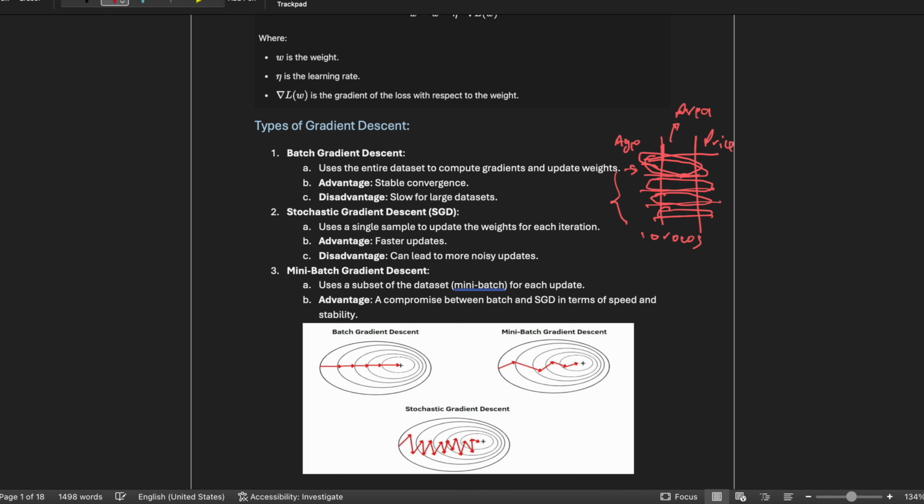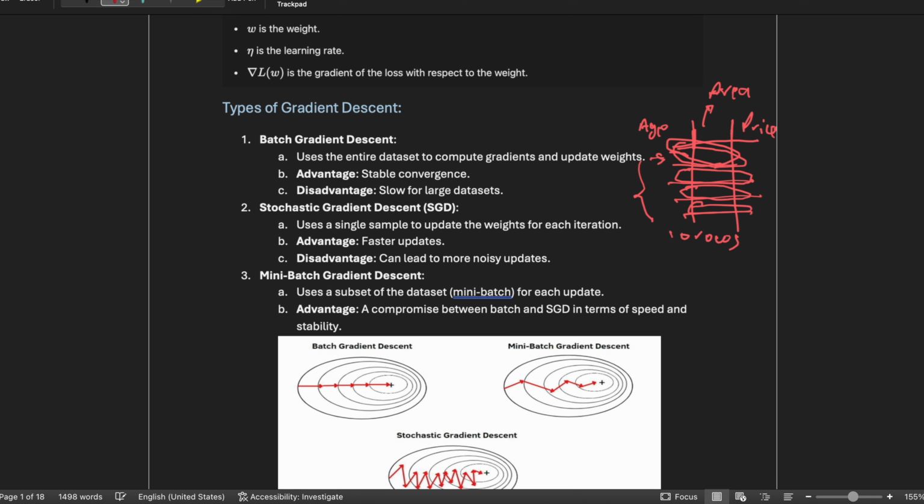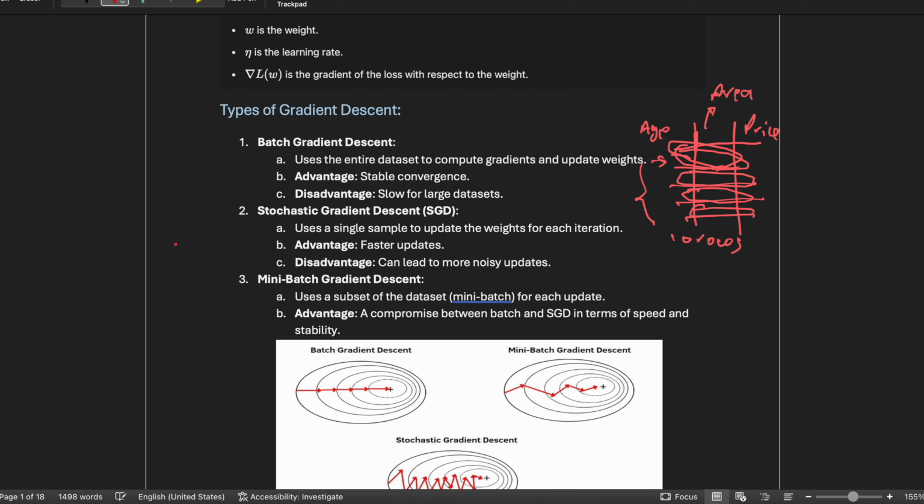So for every row, weight updation takes place. Suppose we have 10 rows and 100 epochs, so 10 times 100, which is 1,000 weight updates. For every epoch, our weights will be updated 10 times.